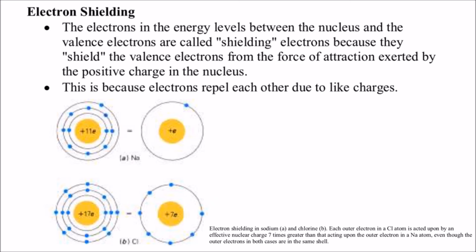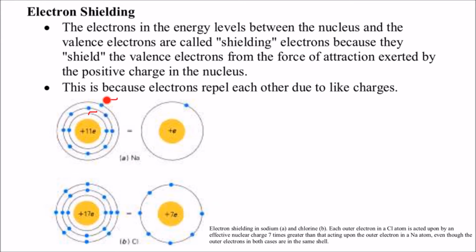So this electron is not very strongly attracted to the protons in the nucleus, because these guys are pushing this electron away. These are all negative charges in here, and this electron is a negative charge, so they repel.